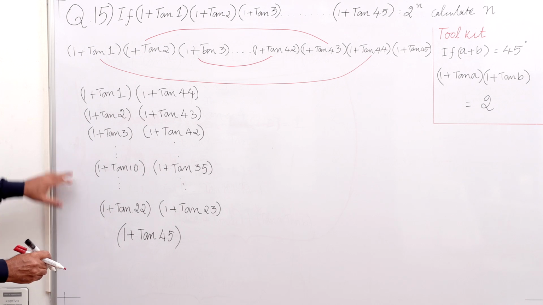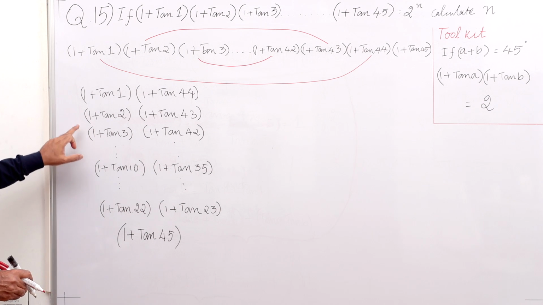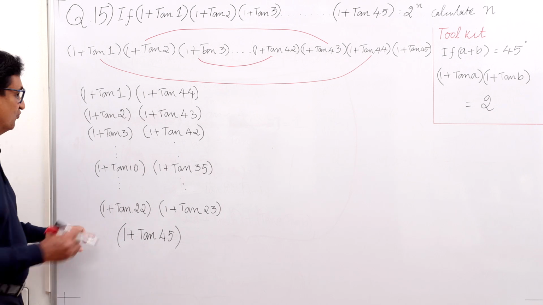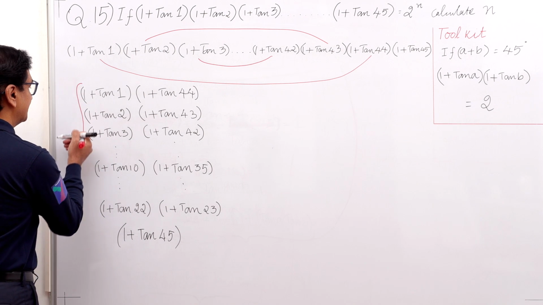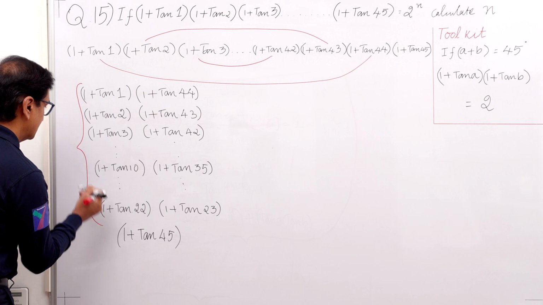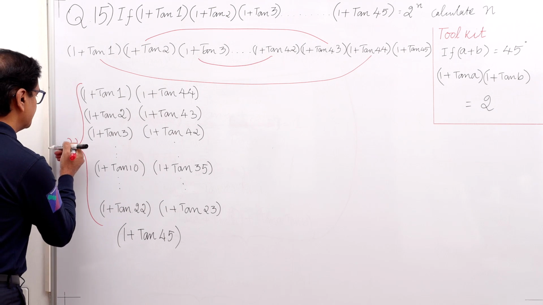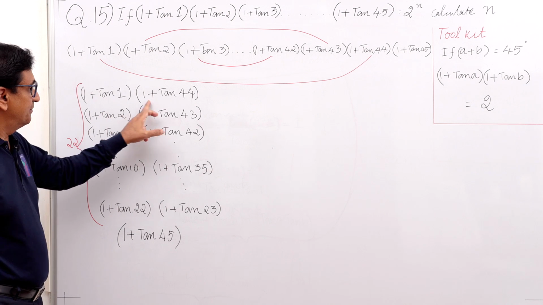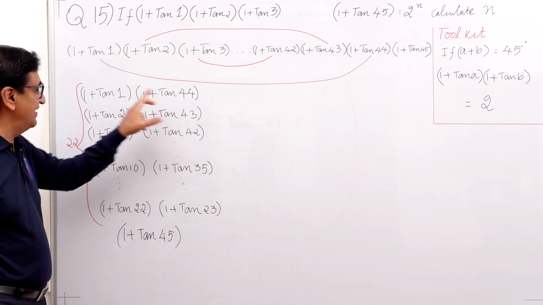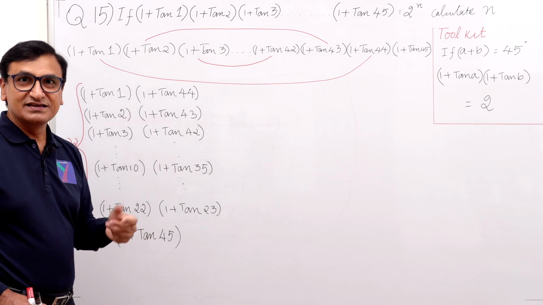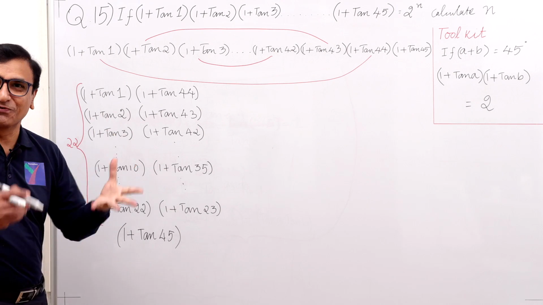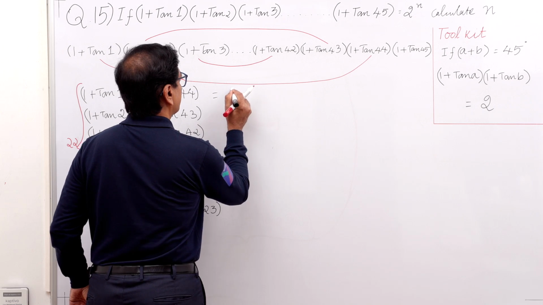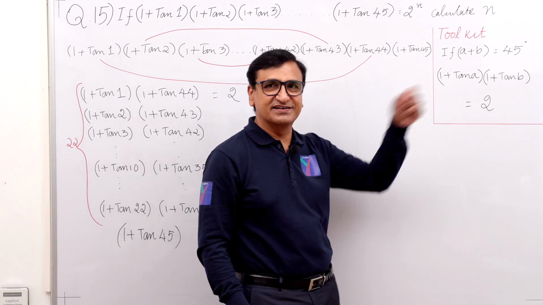So how many terms are here? 1 + tan 1, tan 2, tan 3, tan 10, up to tan 22. So there are 22 terms here, right? Now, (1 + tan A) multiplied by (1 + tan B), when A + B is 45, this term will be 2, as per this identity, right?